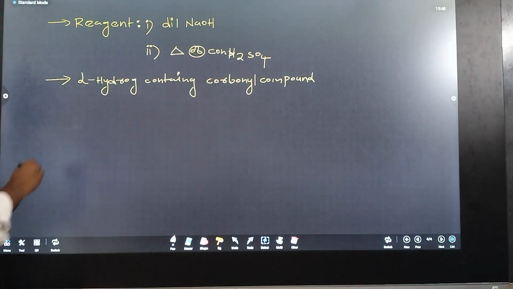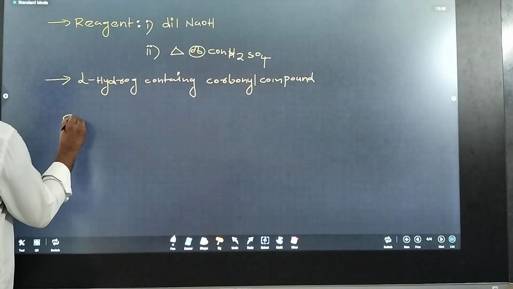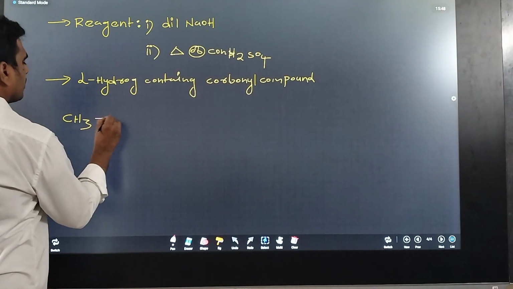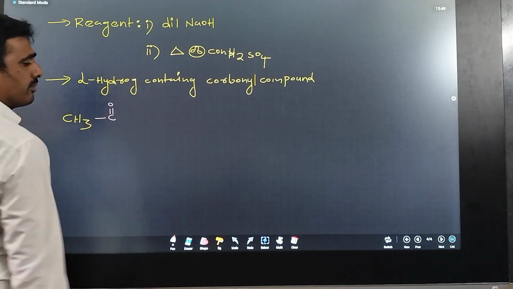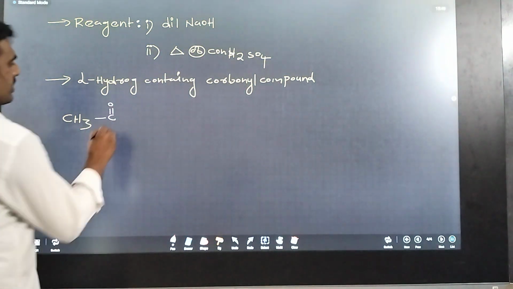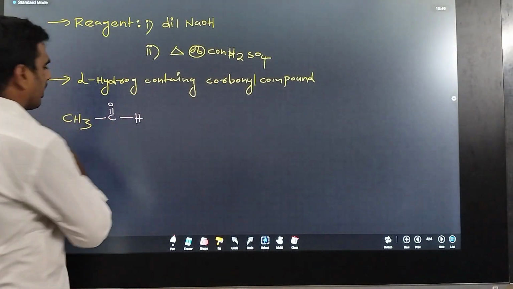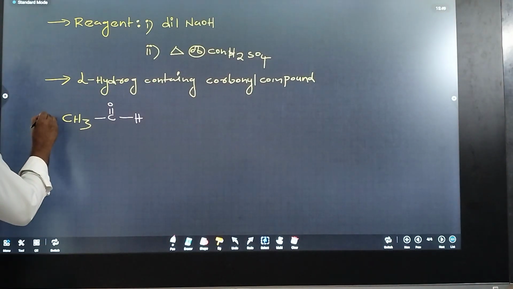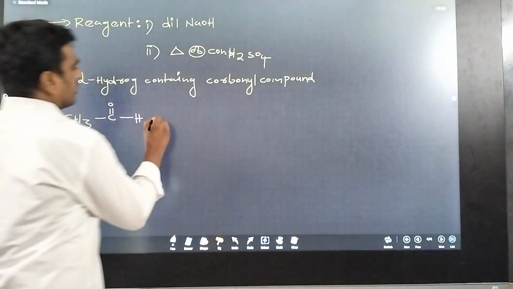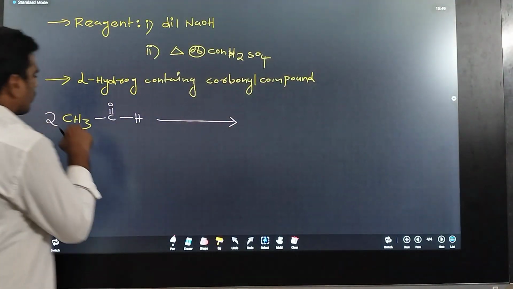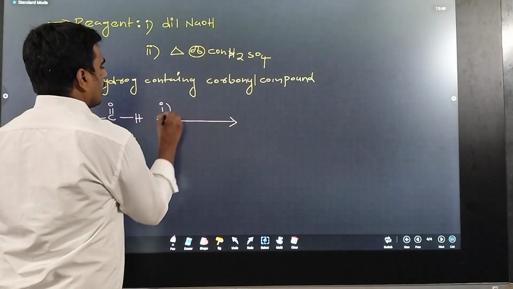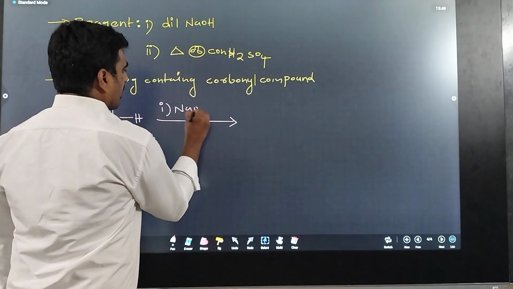Suppose I take one example, acetaldehyde. This participates in aldol condensation because alpha hydrogens are there. So I can write here 2 moles of acetaldehyde, alpha hydrogen carbonyl compounds. Here the reagent is dilute sodium hydroxide.